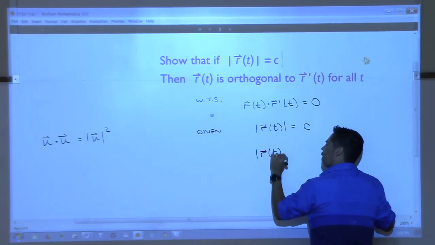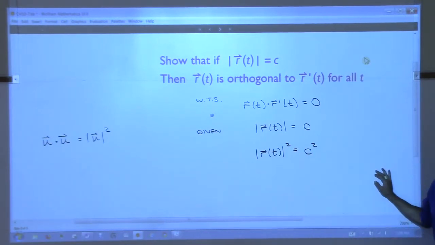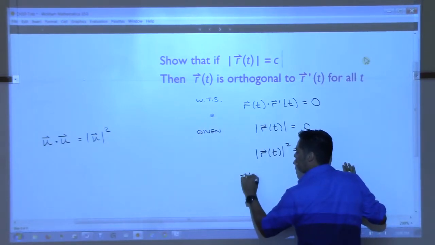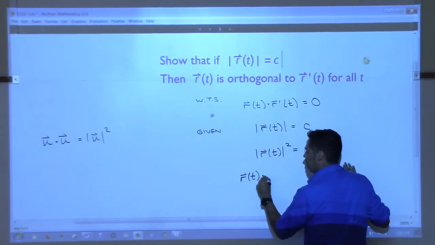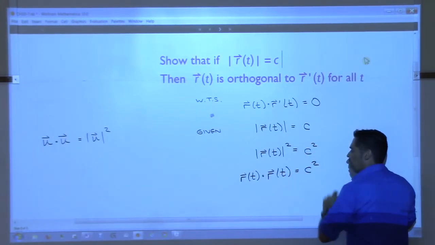The vector R of t squared equals C squared. You agree with that? Yeah. Okay, now the left side is actually what? R of t dotted with R of t equals a constant squared, right?